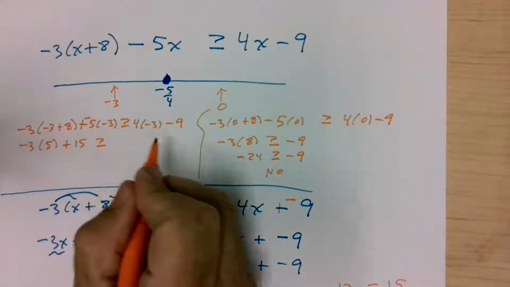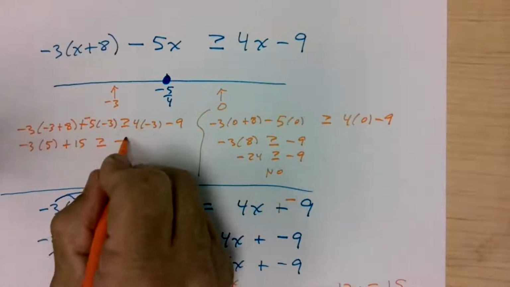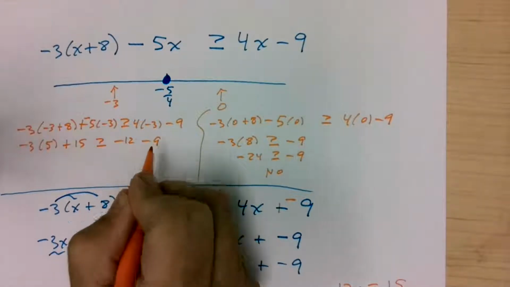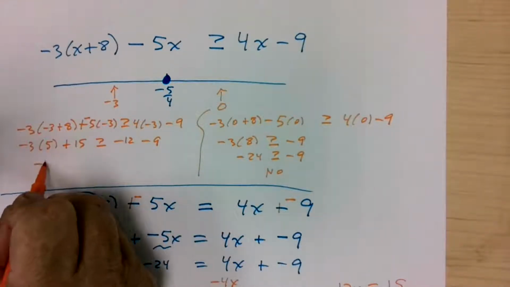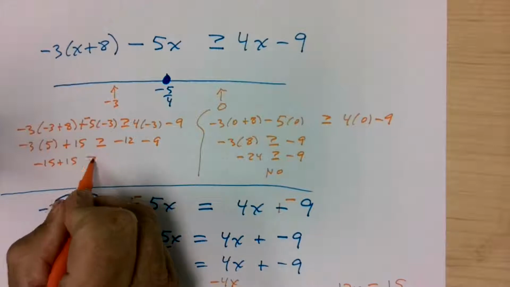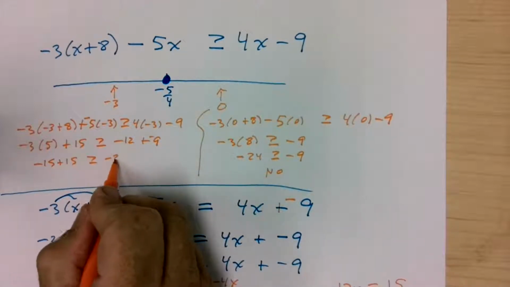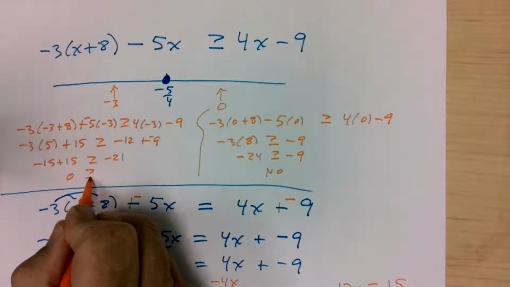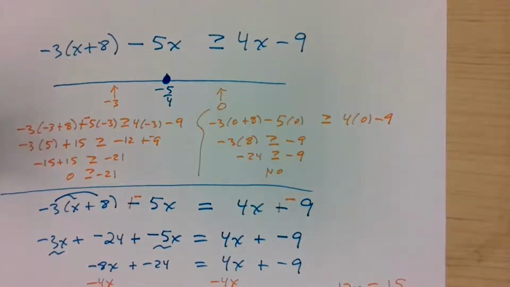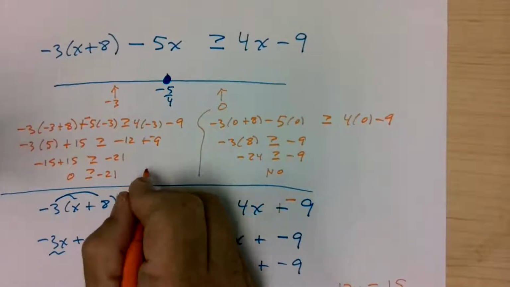Is that greater or equal to 4 times negative 3, which is negative 12, minus 9? This is negative 15 plus 15. Is that greater than negative 12 plus negative 9, which is negative 21? Is 0 greater than or equal to negative 21? Is having nothing better than owing $21? The answer to that is yes.